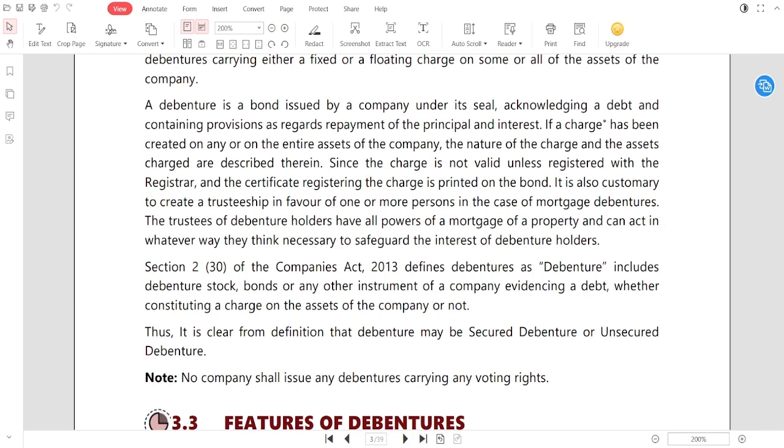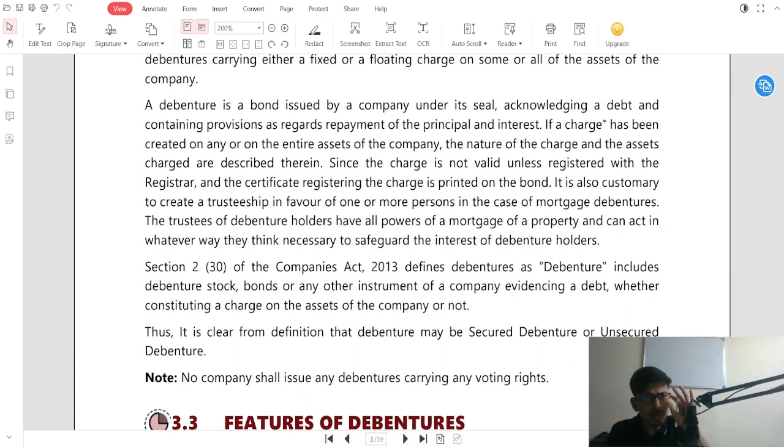It means suppose sometimes it also happens that you purchase an asset and you give debentures of your company. It quite happens sometimes. You purchase an asset and you give debentures to that particular company from whom you purchased the asset. It means creating a charge on the asset. Okay, so it's like that. Simply, its meaning is that debenture includes debenture stock, bonds and any other instruments.